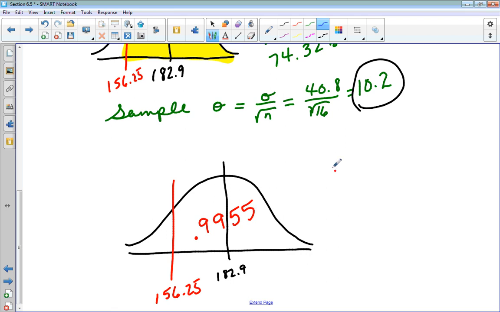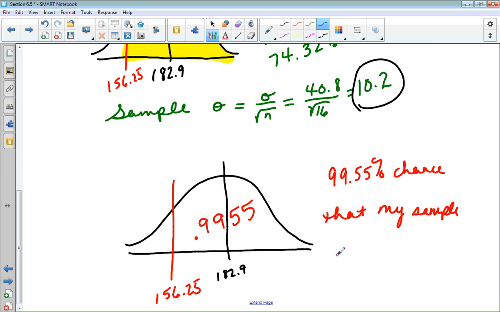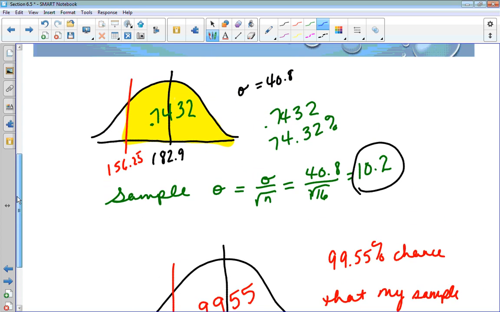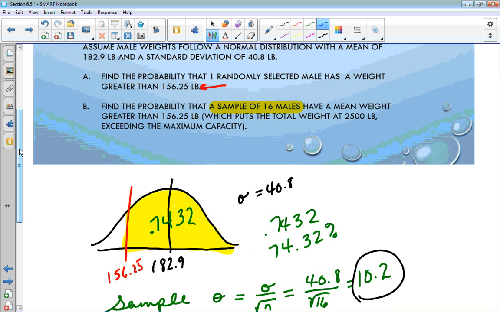So that means there is a 99.55% chance that my sample of 16 men will have a mean greater than 156.25. That's a pretty big chance.